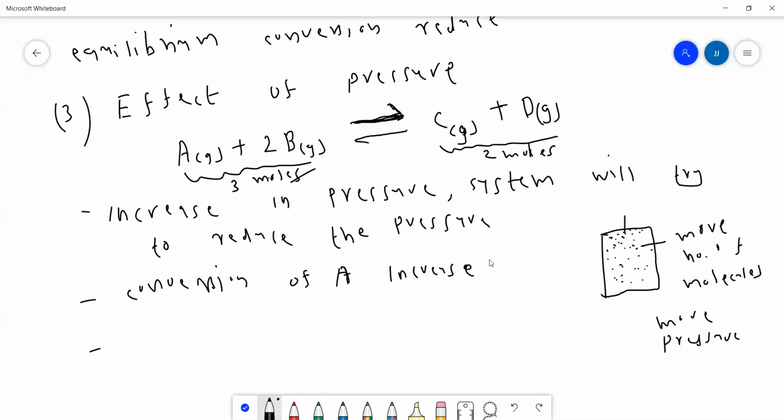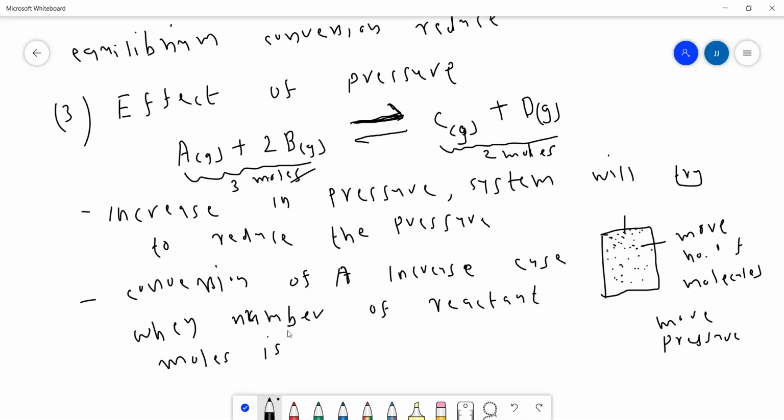This is the case when the number of reactant molecules or moles is less than the product.